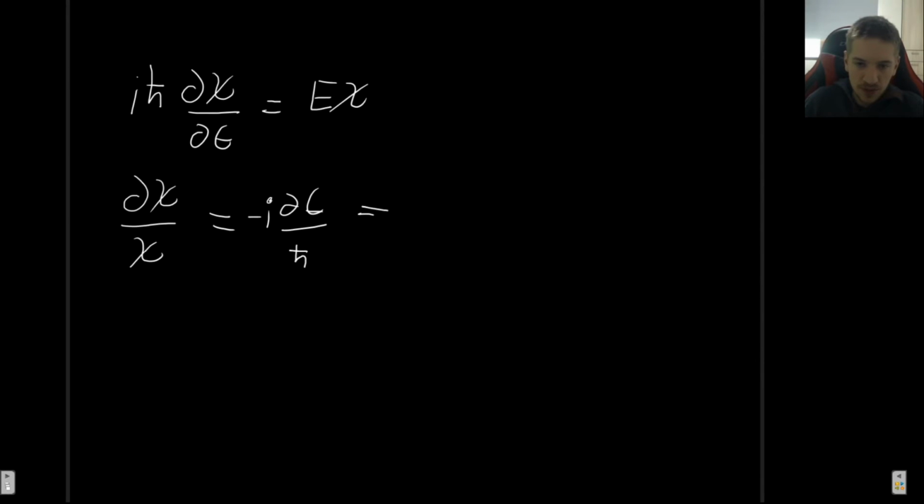And now we just integrate this, so we get that the natural log of this state is going to be minus i t over h bar. And now we can exponentiate all of this. Oh, I left the energy out. And this is of course going to be true for the plus or minus case.